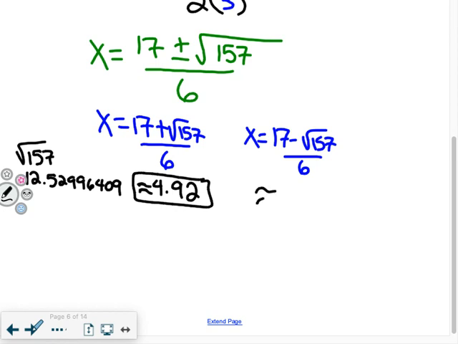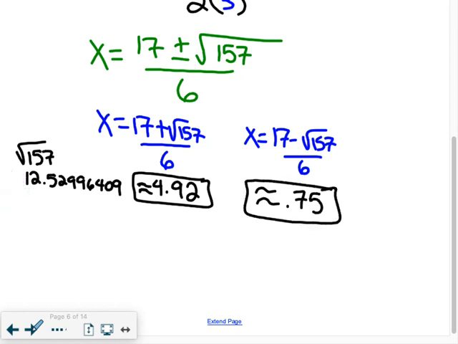And then we'll do the same thing over here, but I'm going to do 17 minus 12.529 and so on, and then divide that by 6, and we get a decimal of 0.7. So sometimes we may get decimal answers, and that's okay. That's what's nice about the quadratic formula. We can find those weird answers that we wouldn't be able to find using some of those other methods we use.